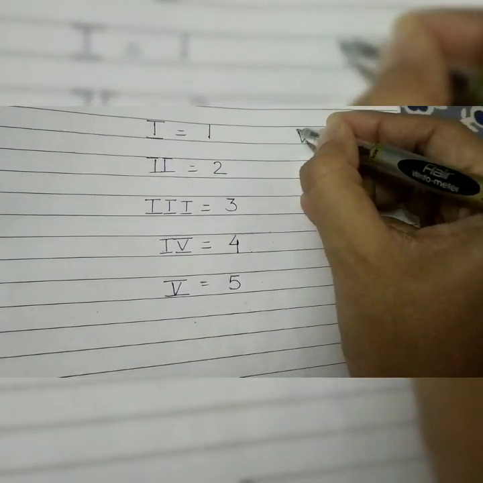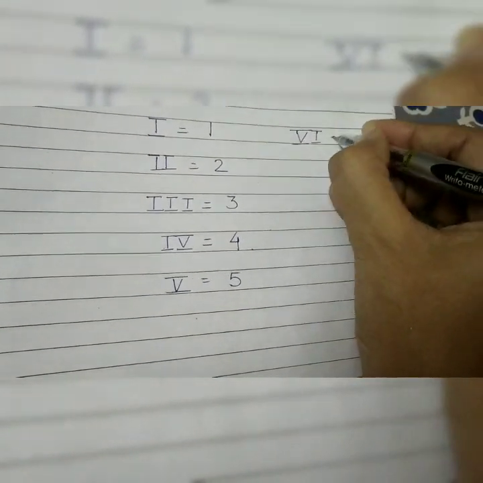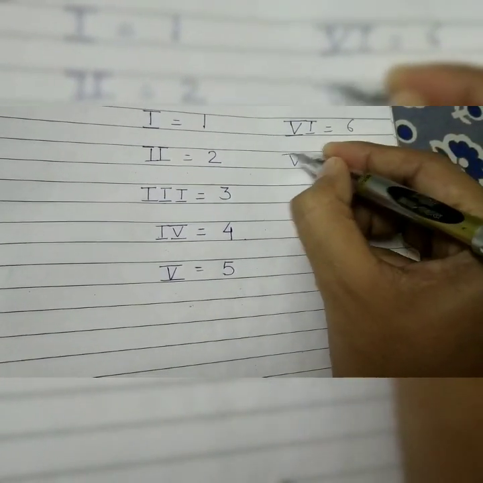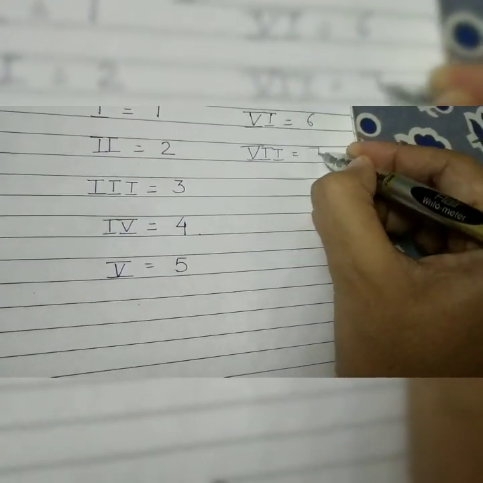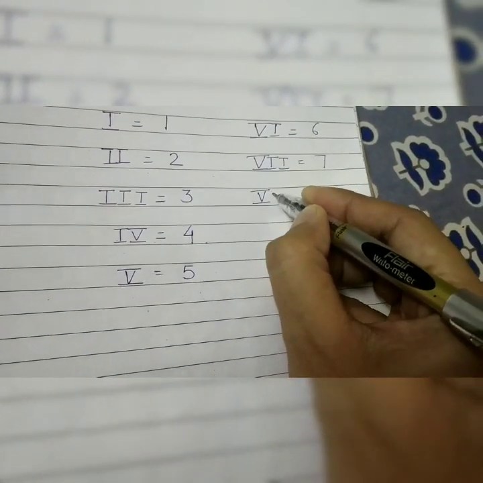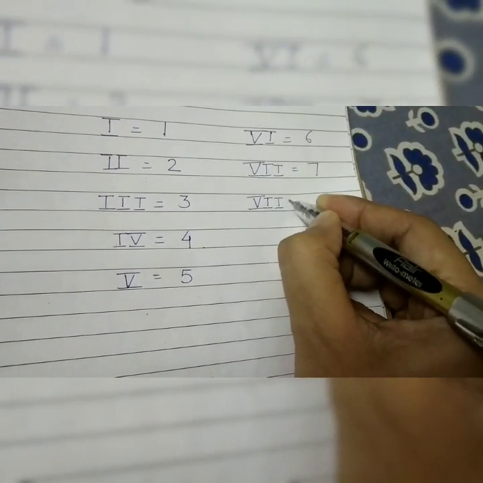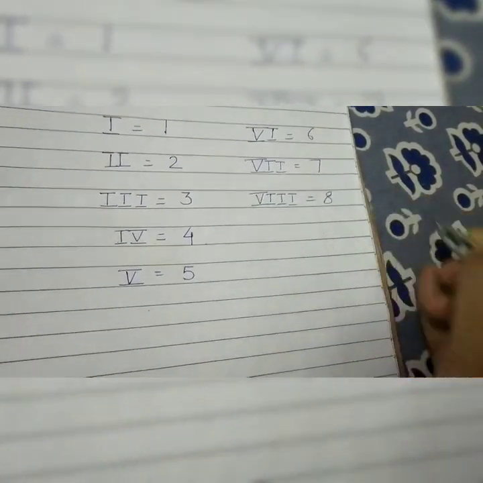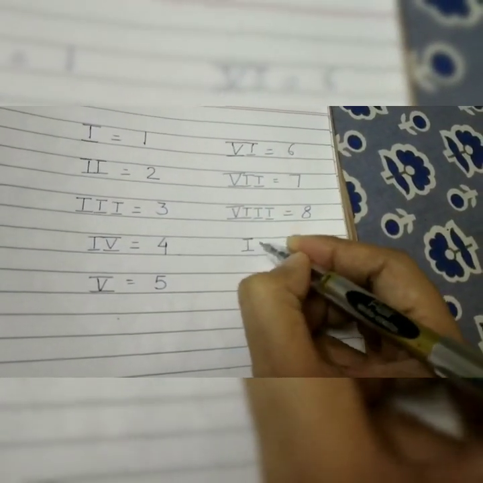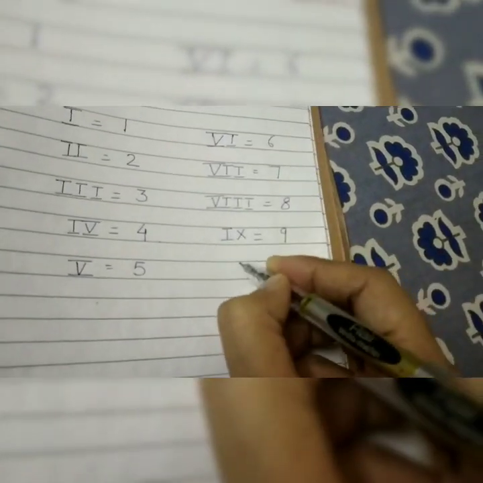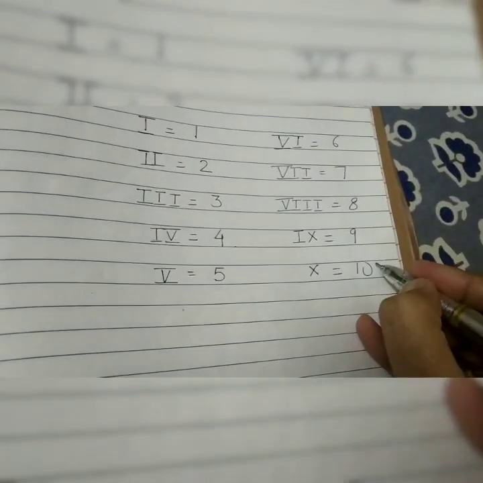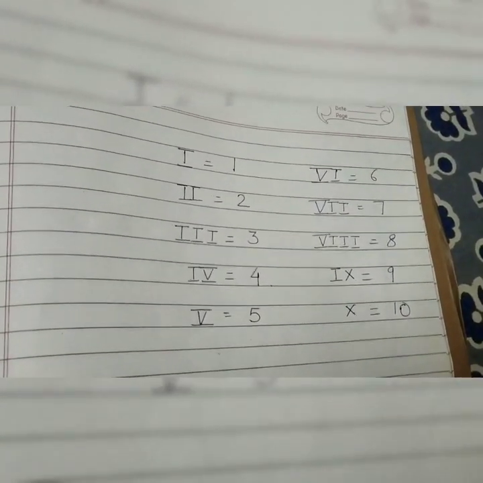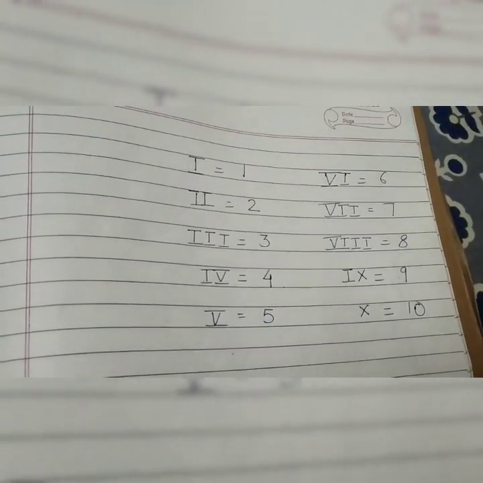Then VI is equal to 6. VII is equal to 7. VIII is equal to 8. IX is equal to 9 and X is equal to 10. So just remember all these values, so it will be easy for you all to solve the questions.